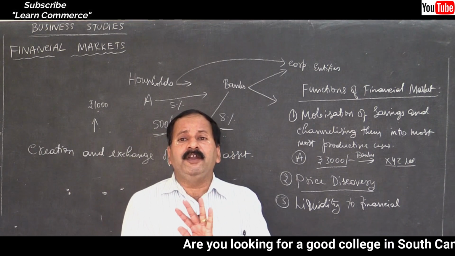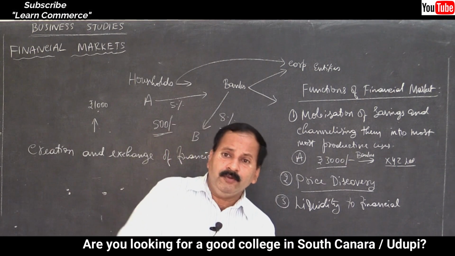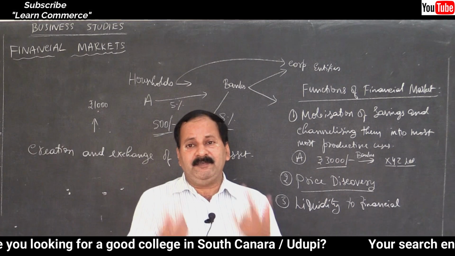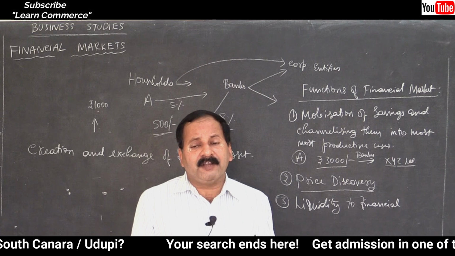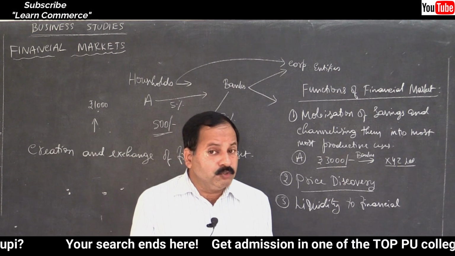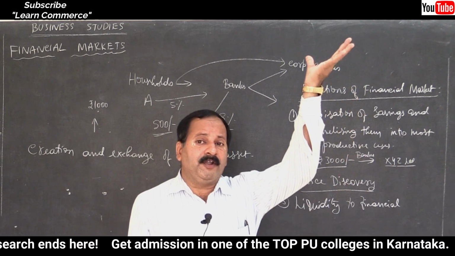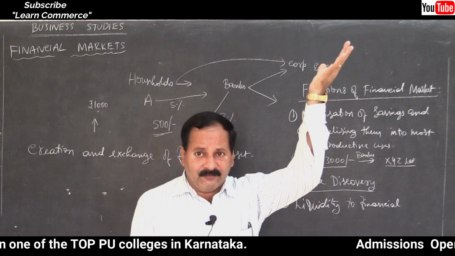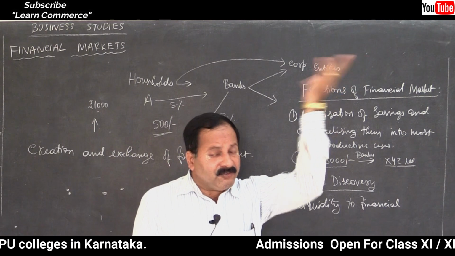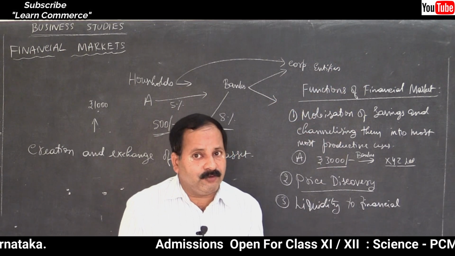You can convert your financial asset into cash. Equity shares can be easily sold in the market without any trouble. You may lose money, like you have bought at a higher price and now it is low, but that is a different issue. You may incur a loss, but you can sell in the market, that is sure.